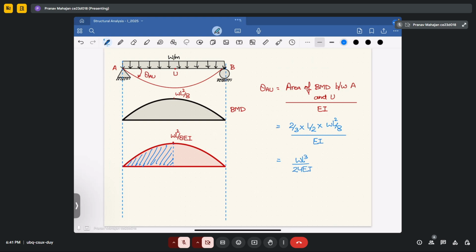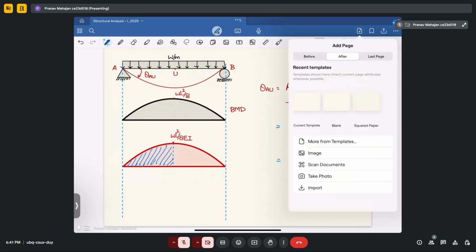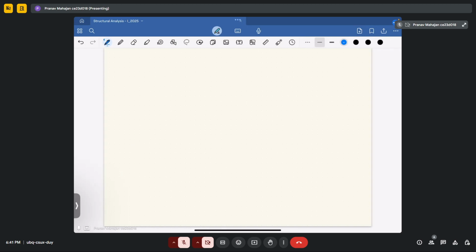So now you know how to get the standard results. Okay, so now let's solve this problem. They are telling you to determine the relationship between theta AP and theta AU.